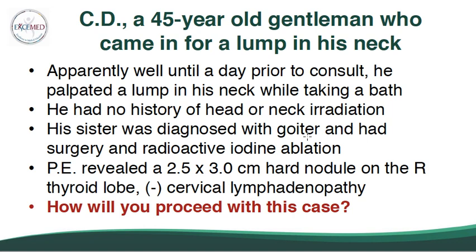When you physically examined the patient, you noted a 2.5 by 3 cm hard nodule on the right thyroid lobe with no palpable cervical lymphadenopathy. Presented with a case like this, how do you think you should proceed?